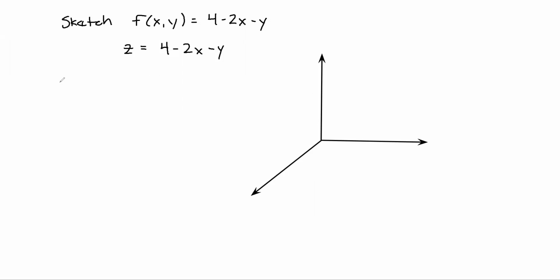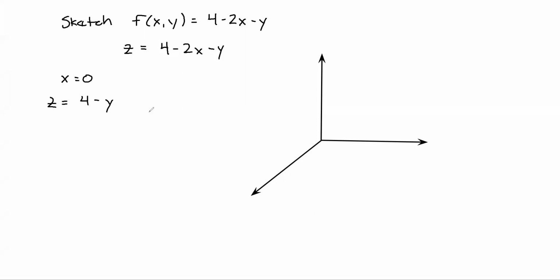And then to figure out what this looks like, let's say we're not sure, you could go through and you could plug in x equals 0. If you do, you get z equals 4 minus y, right? So what does z equals 4 minus y look like? There's a few ways you could do this. You could recognize, hey, that's in the form of a line, and that's in the form of a line where we have a z-intercept of 4 and a -1 slope.